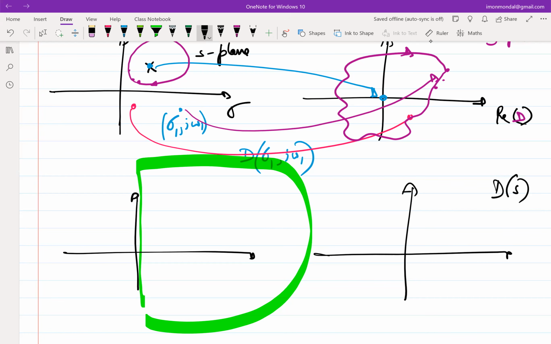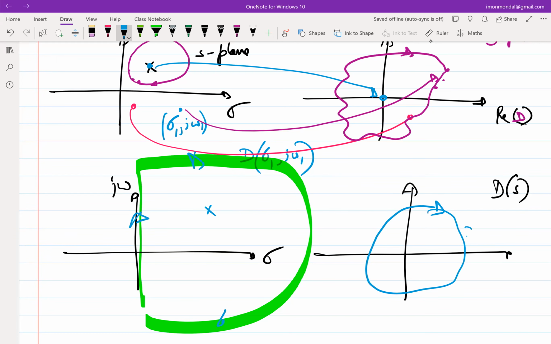So let's say this is sigma, this is j omega, and this is d of s. So the question that we are asking is, we are trying to figure out if there is a pole anywhere on the right half plane. If there is a pole on the right half plane, what's going to happen? If I go around this contour, somehow I'll find a contour which will encircle the origin, right?